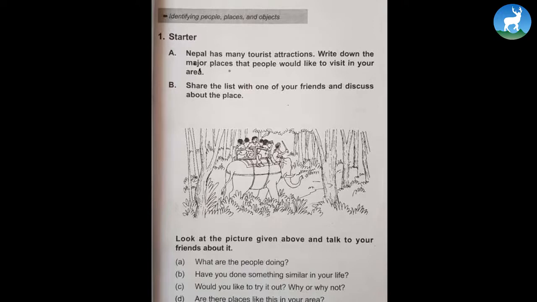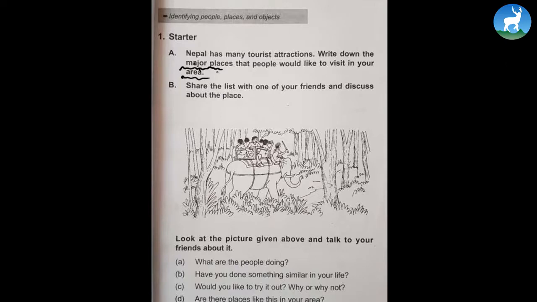Have you considered that? Or maybe if tourists come to your place, where are the places that you think they'll enjoy the most? So it's about your area where you are focusing on your own places. You write down the major places that people would like to visit in your area. So just jot those points down and write it.